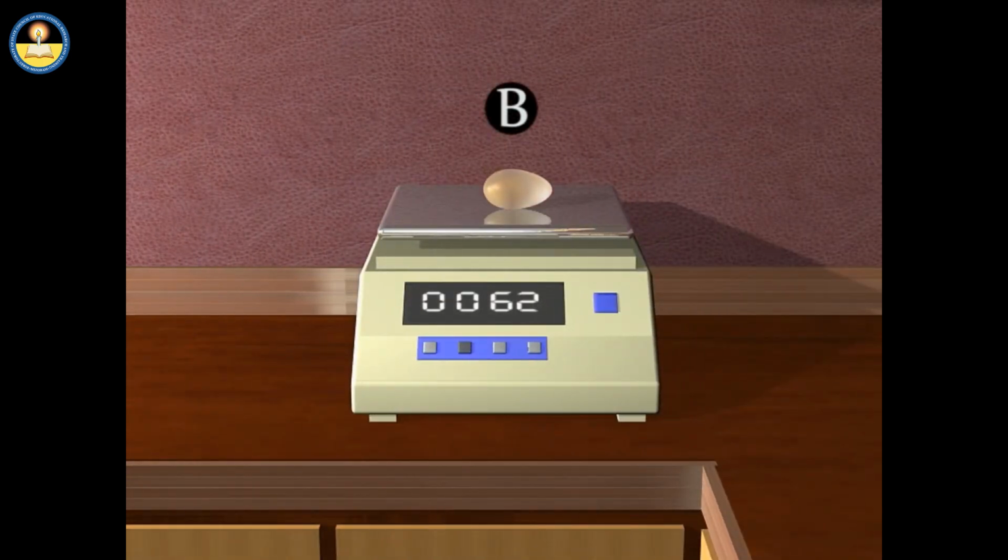Egg B weighs less than its previous weight. Now it weighs only 62 grams. As this was present in hypertonic solution, water from the cell was lost to the outside. Due to the loss of water by the cell, weight decreased drastically.